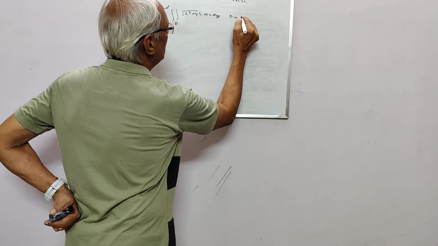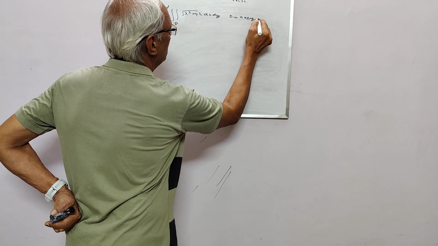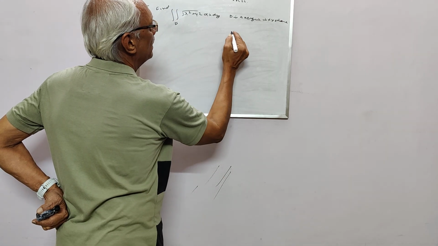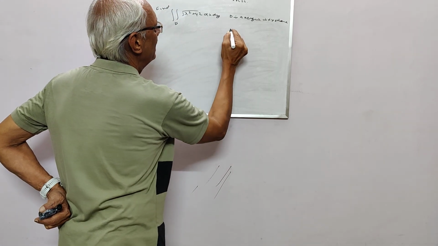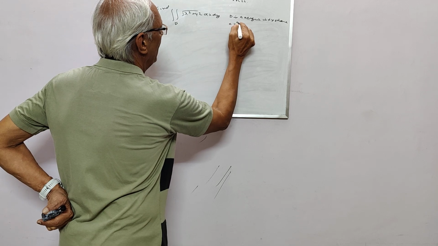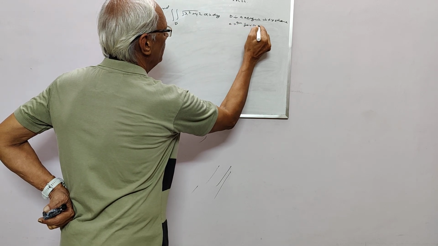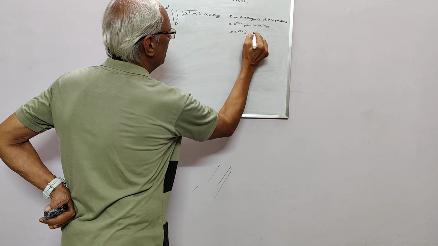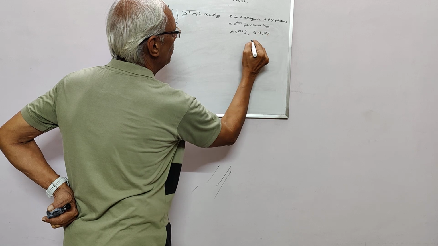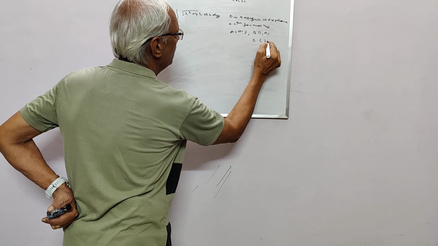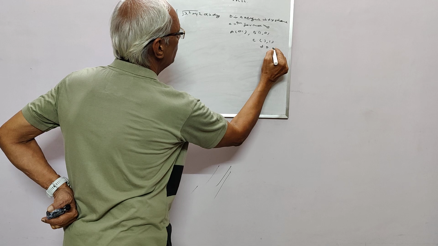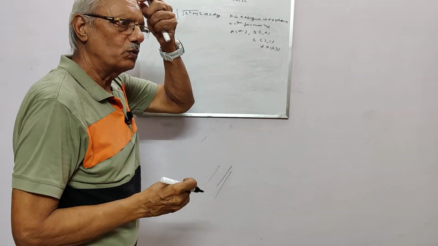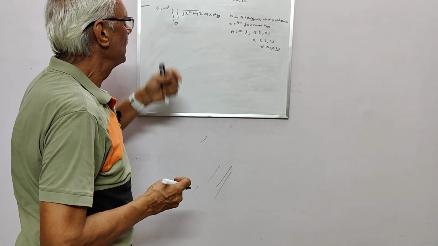D is a region, a domain in the xy plane, a parallelogram formed by A(0,1), B(1,0), C(3,1) and D(2,2). So these 4 points when plotted in the xy plane will give you a parallelogram.